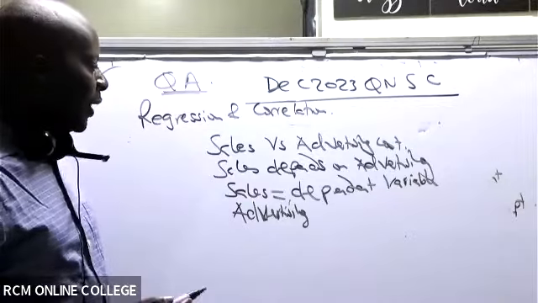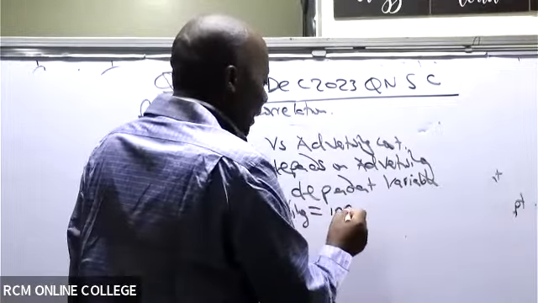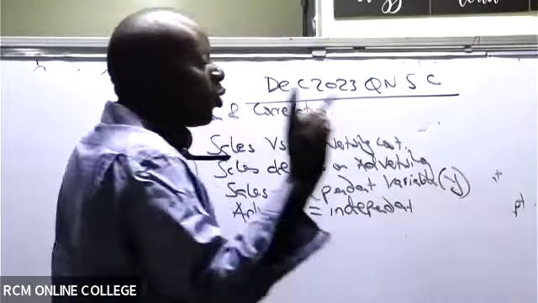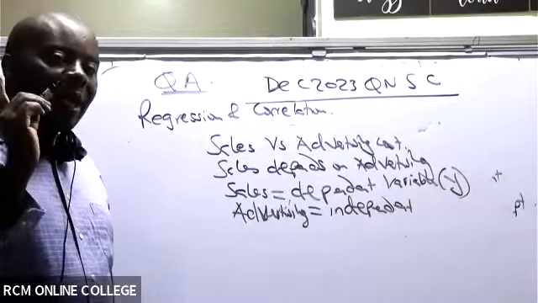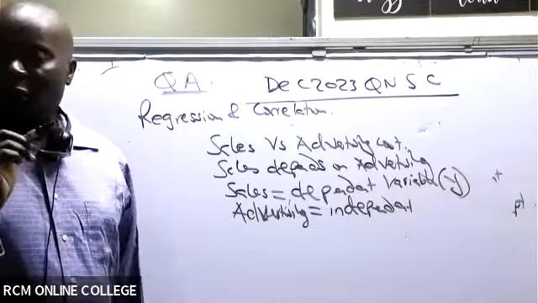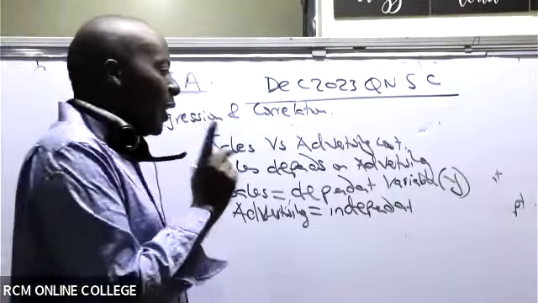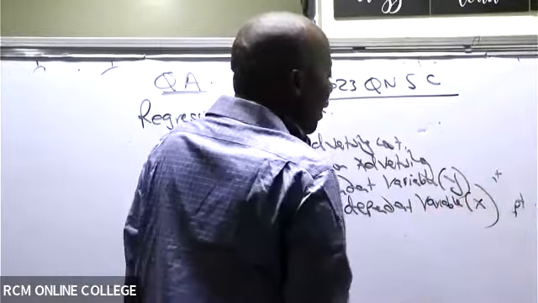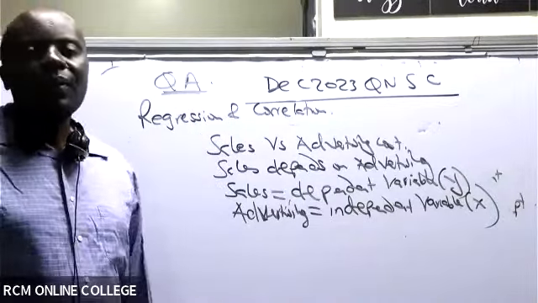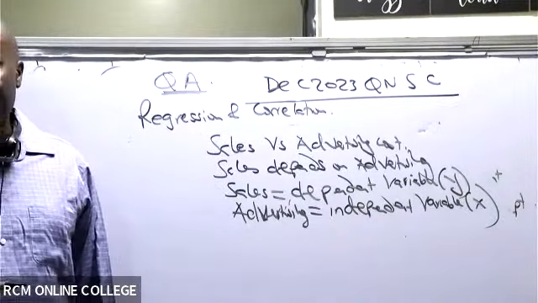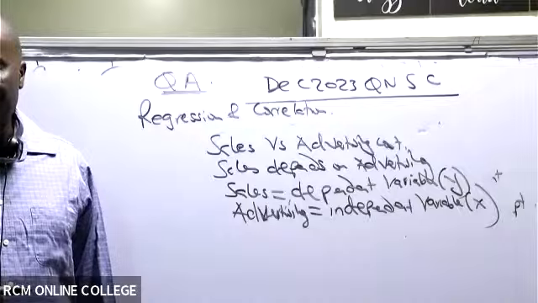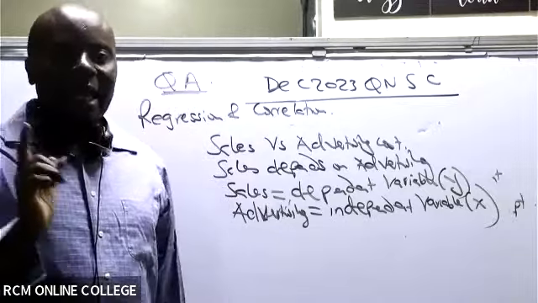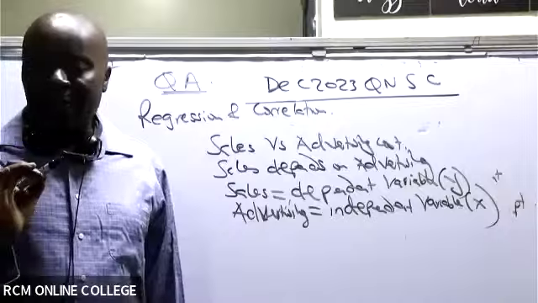So in this case, the advertising cost will become the independent variable. Remember, the dependent variable is always your Y variable, and the independent variable will be your X. So always remember, dependent is Y and independent is X.